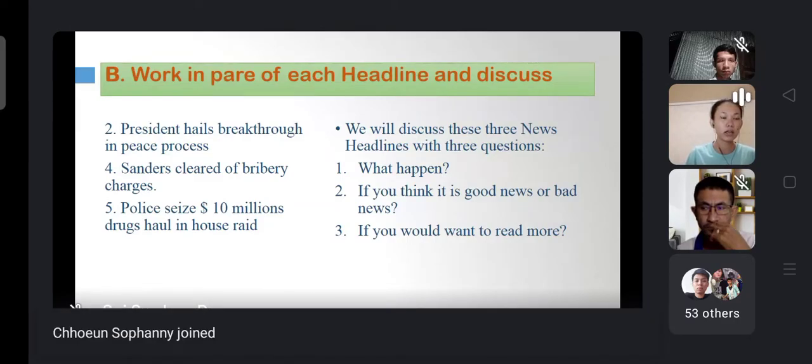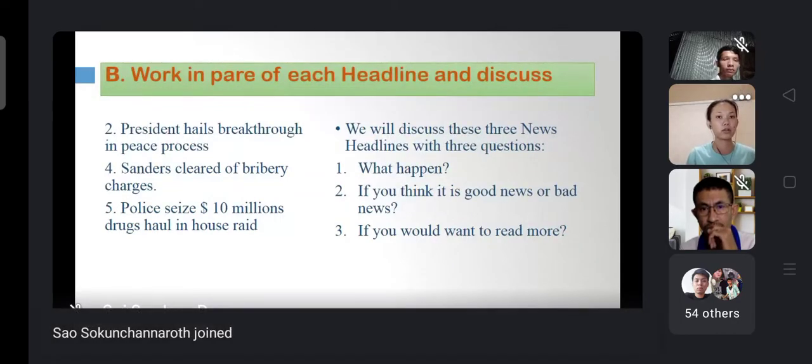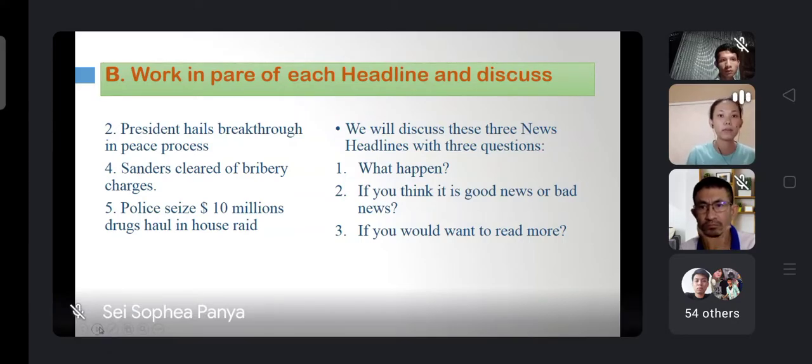So Senator cleared of bribery charges is good news. For number 5, police seize 10 million trucks held in house arrest. This means police can get a lot of trucks from the house, and it is also good news that police can get those trucks. And then let's move to section C. Next slide, please.